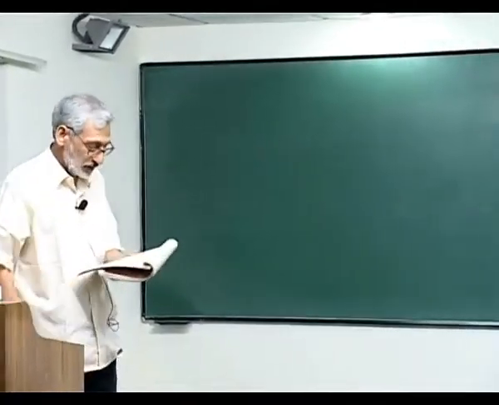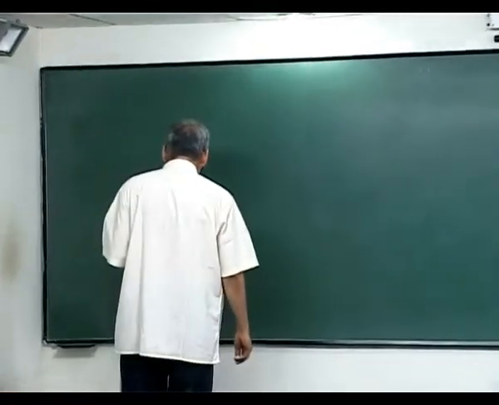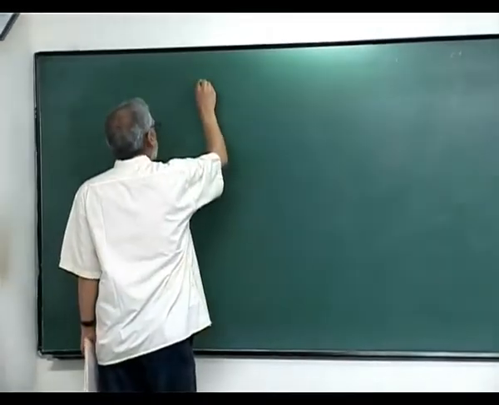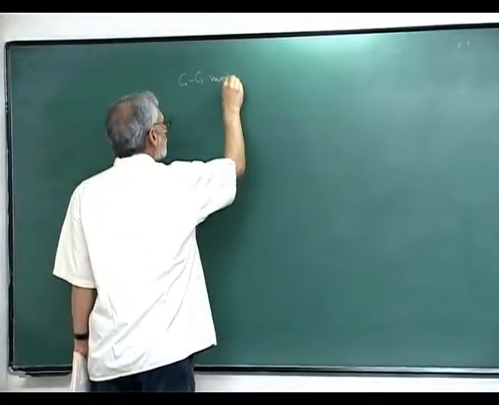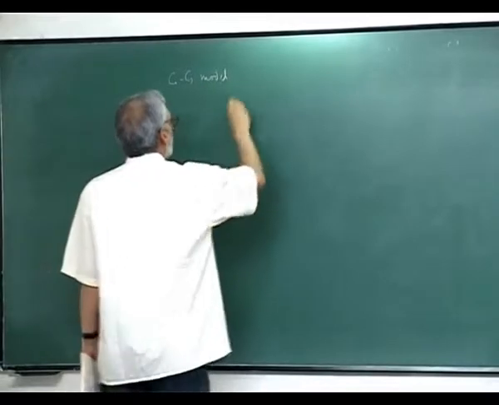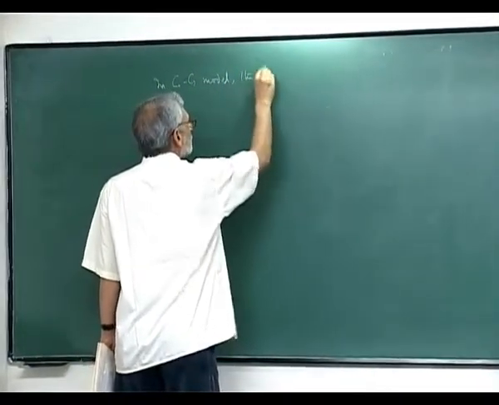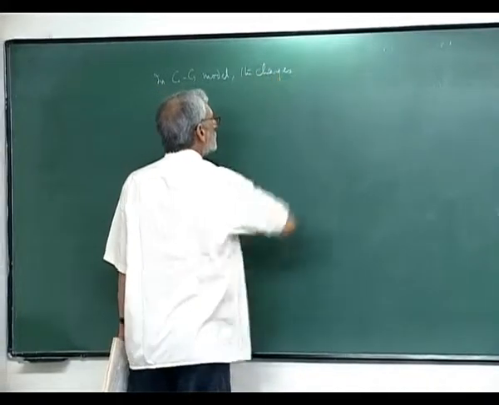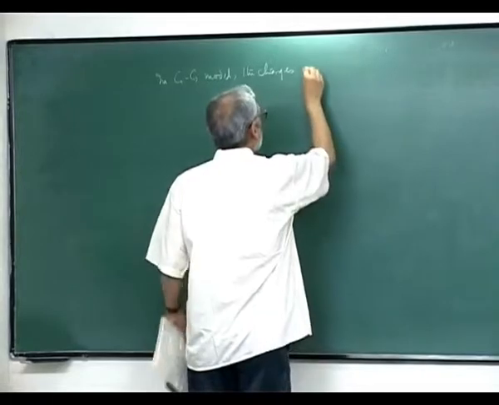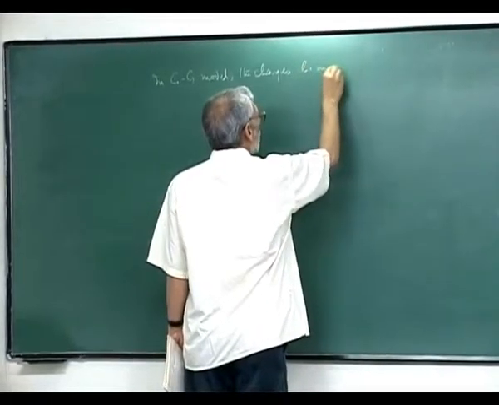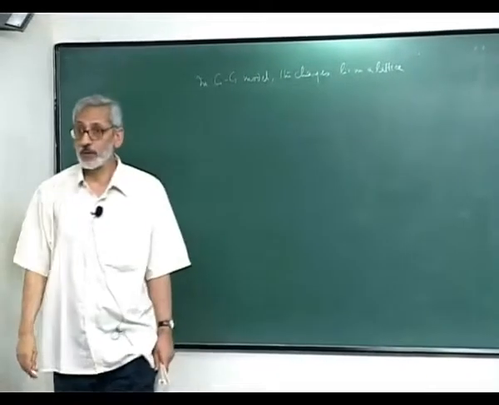So let me put a one line summary of what we did last time. In the Georgi-Glashow model, the charges lie on a lattice. That's what we argued.